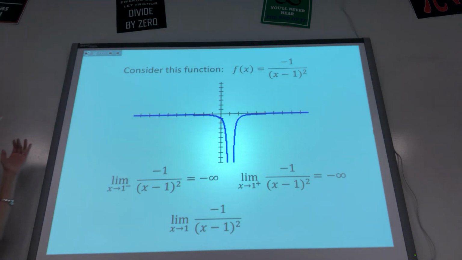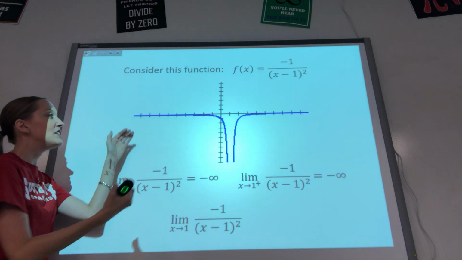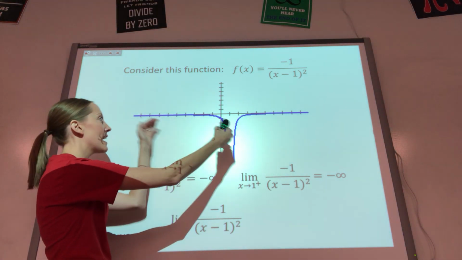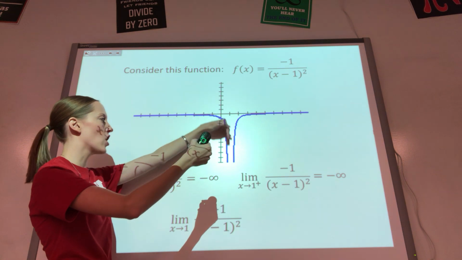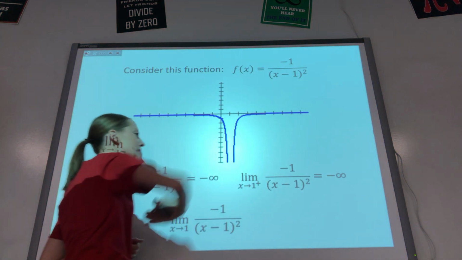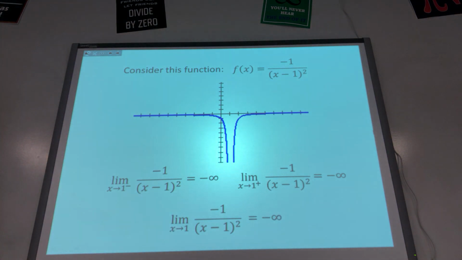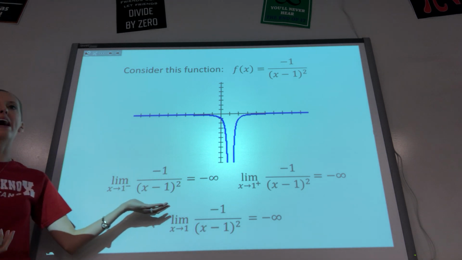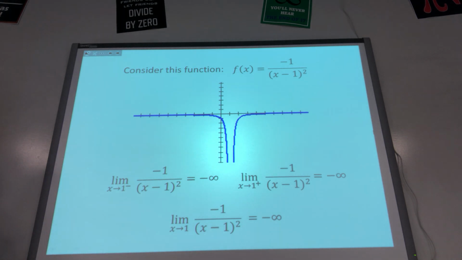If you're approaching 1 overall, since you're doing the same thing, as I come in from the left, I'm going to negative infinity. Coming in from the right, I'm going to negative infinity. In that case, we could say that the limit overall is negative infinity. It goes back to the rule that we had earlier that said the left and right hand limits have to be the same.